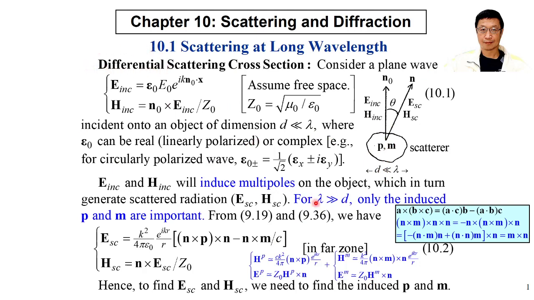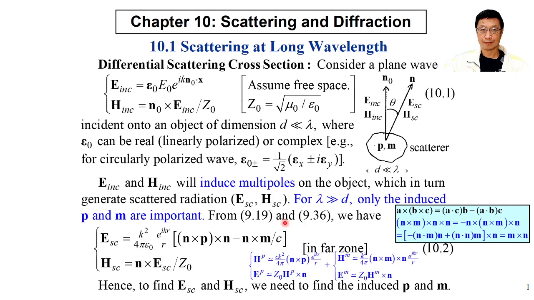Okay. For lambda greater than d, the same conditions, only the induced P and M are important. Higher order multipoles are not very important. In that case, all we need to do is P and M only.